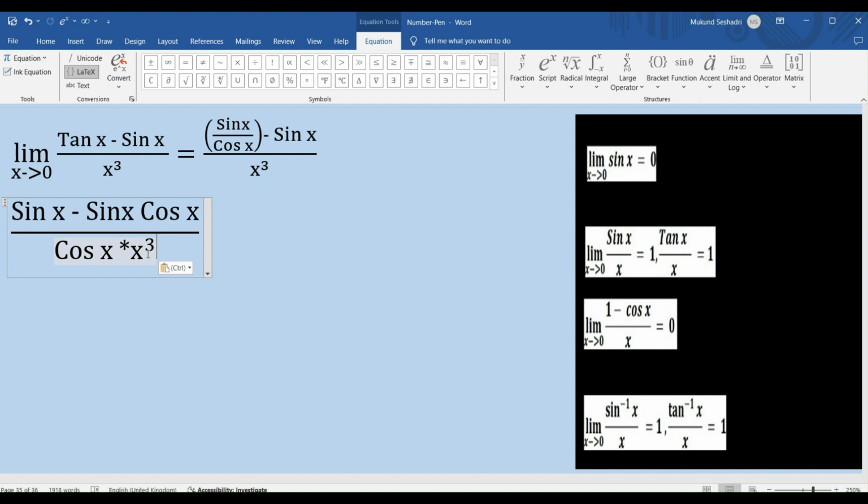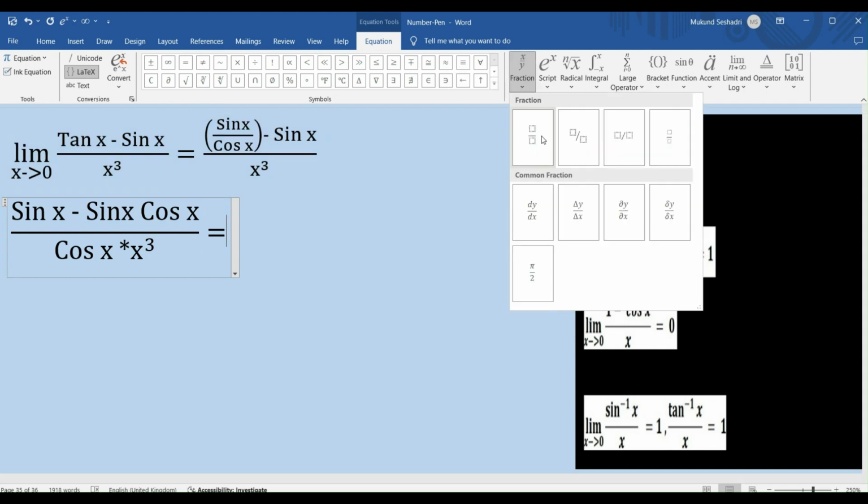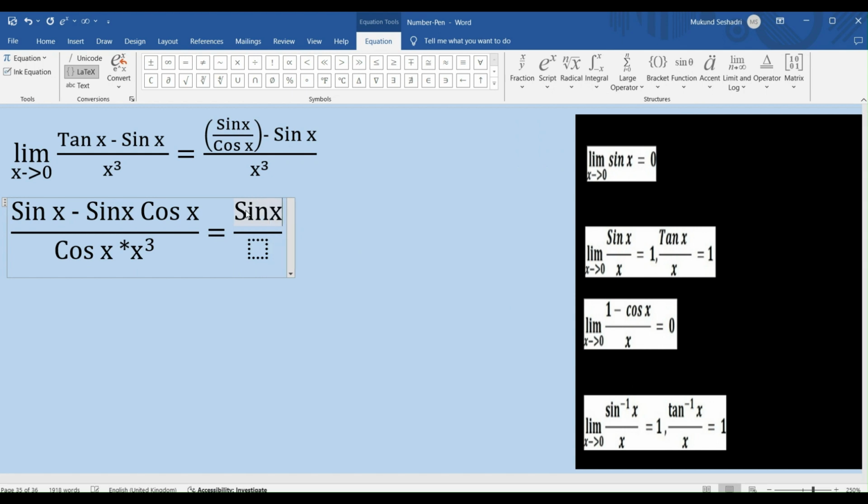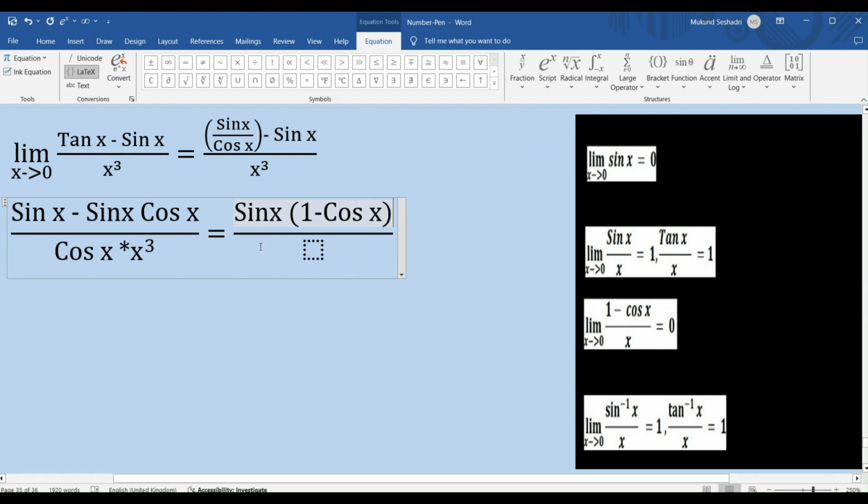I can pull out my sin x from here, right? And I can write this as 1 minus cos x, and then I have my cos x, and then I still have my x cube, right?